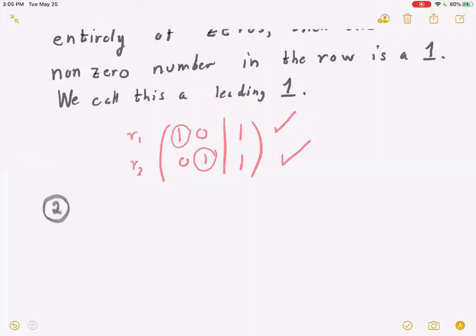The second definition of reduced row echelon form is written as follows.